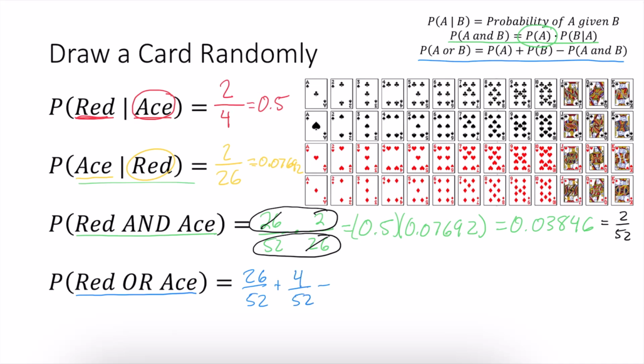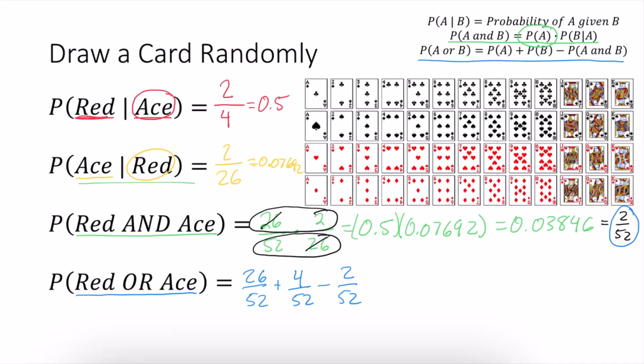And then you subtract the probability of both of these events happening together. Since we just calculated that in the green part, I'm just going to use my answer from there and put in the 2 out of 52 there.